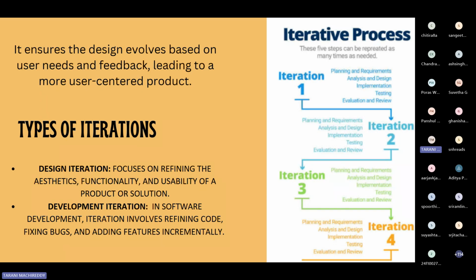And development iteration is used most commonly in software development, which involves refining the code, fixing bugs, and adding features incrementally. So these are two types of iterations. We also have agile iteration, which is in depth and in detail, so we are not going to discuss that now.